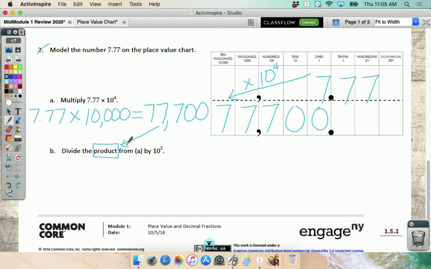That is my product. Can you draw that arrow? So I'm going to put 77,700 divided by, what number is 10 to the 2nd power? 100. Good. Now, I think it's either the zero trick or the decimal trick. What do you think it is? Okay. So if it's a zero trick, 777.